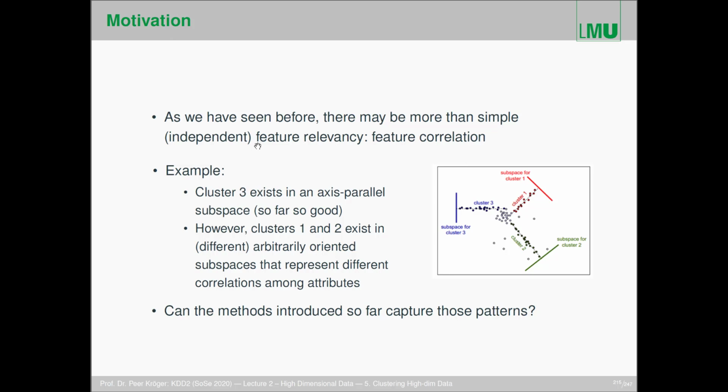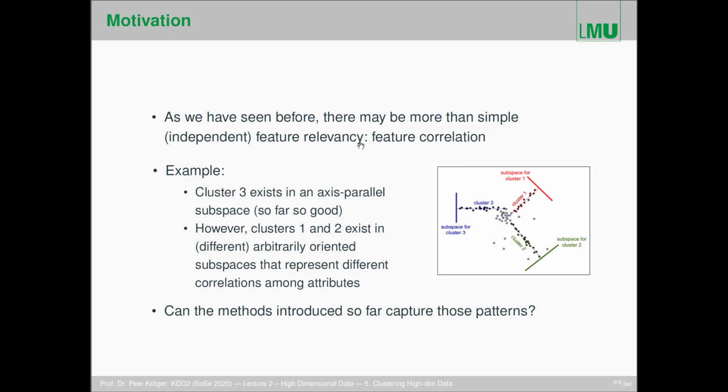This feature independence assumption applies if we focus on axis-parallel subspaces. And obviously, as we have seen in some examples before, this is not the case in general. In practice, very often features are correlated.